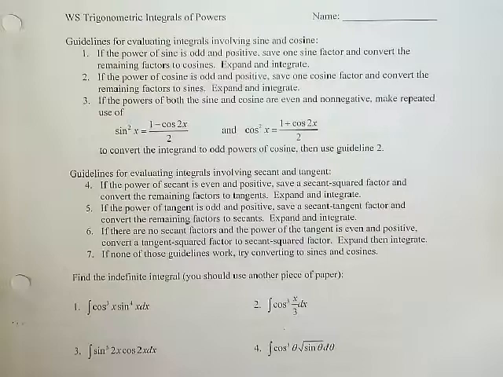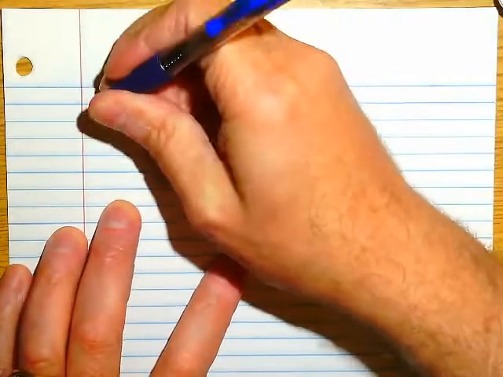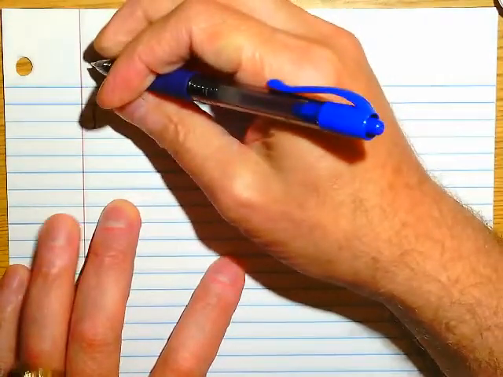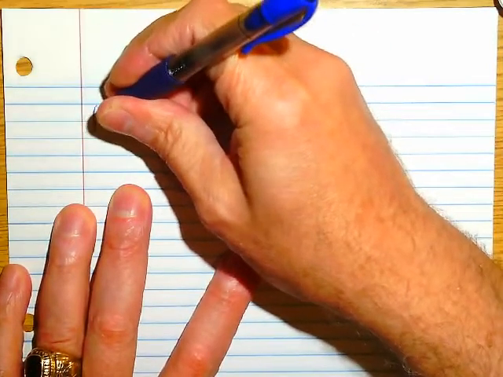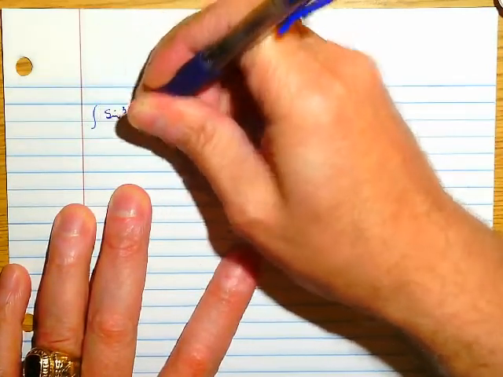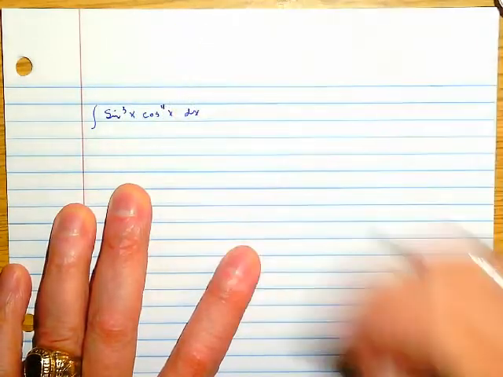All right, so let's do some examples. You've got, again, this worksheet, and you've got the answers to these 14 problems. So do some of these and you should be fine. First one I want to do, in fact, is very similar to the first one that you have, except it's the opposite. So it's sine to the 3rd x, cosine to the 4th x, dx.